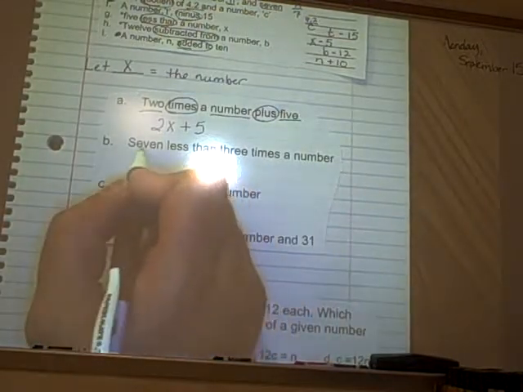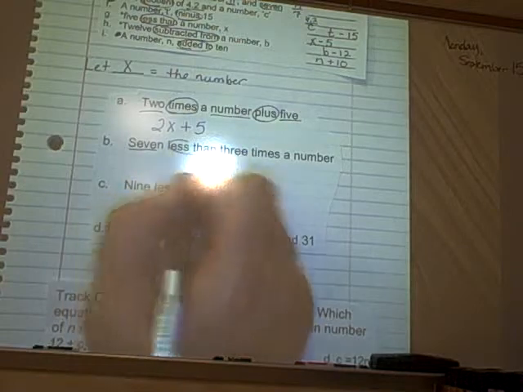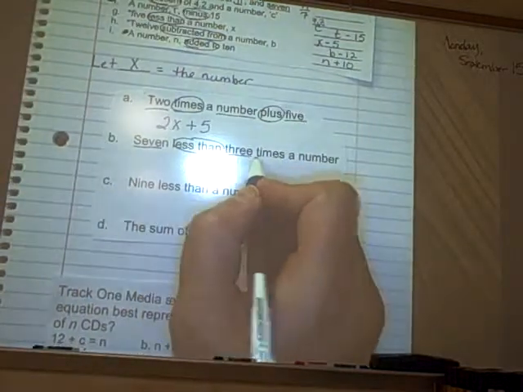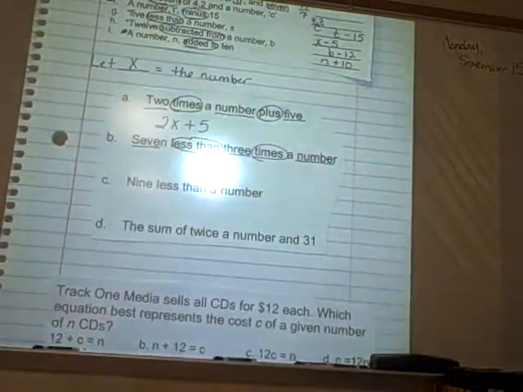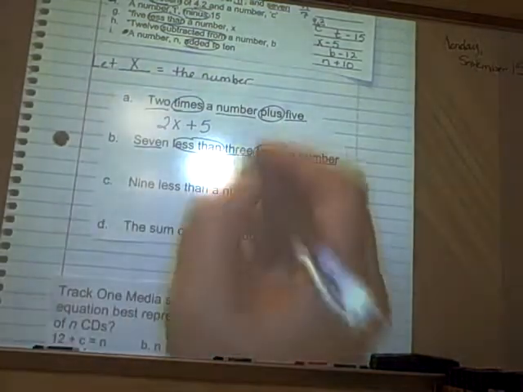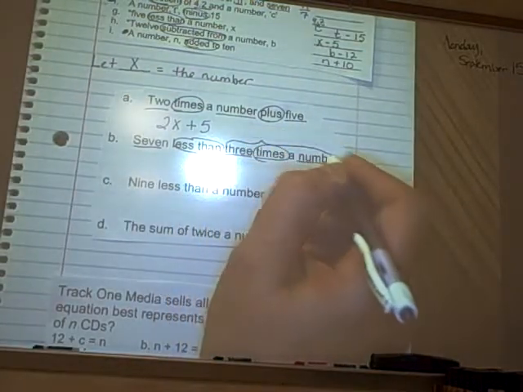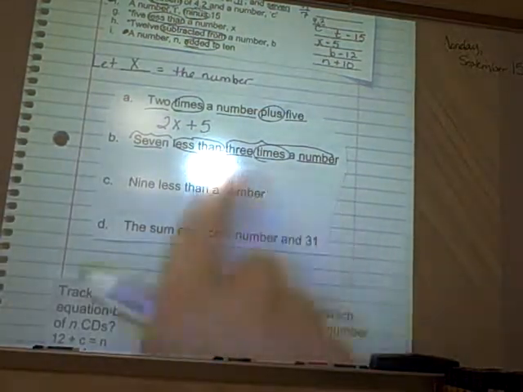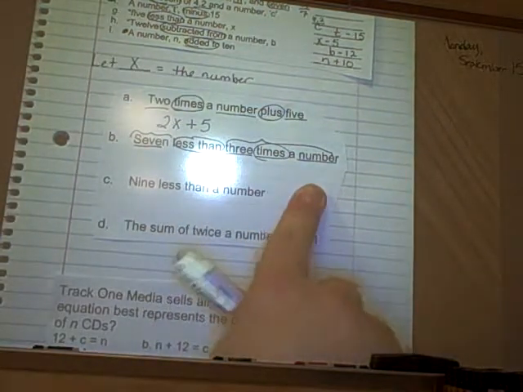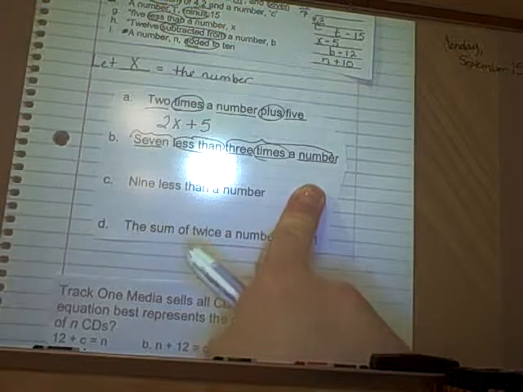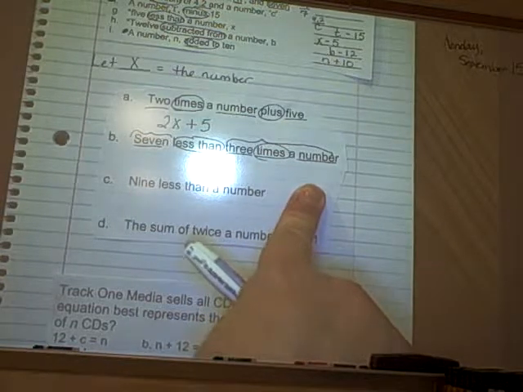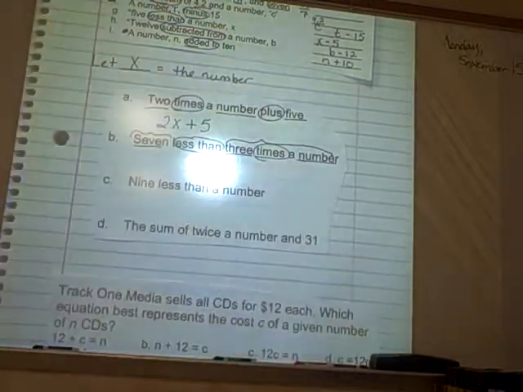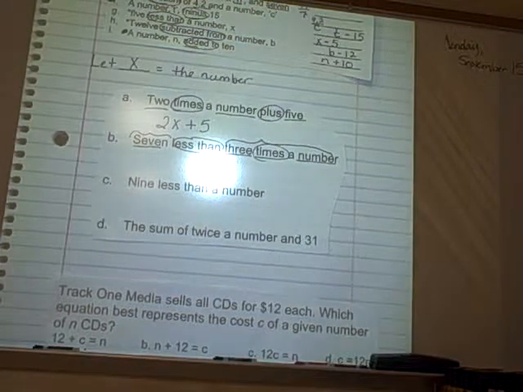Okay, the next one says 7 less than 3 times a number. This little part right here all goes together, and then this is its own little thing. So 3 times a number, what will it look like for me, since I'm using X? 3x. It's just going to be a 3 and an X stuck together, right? This is just a 7.